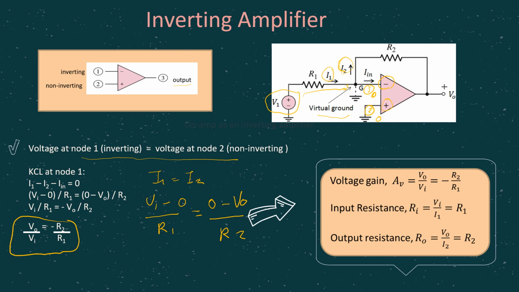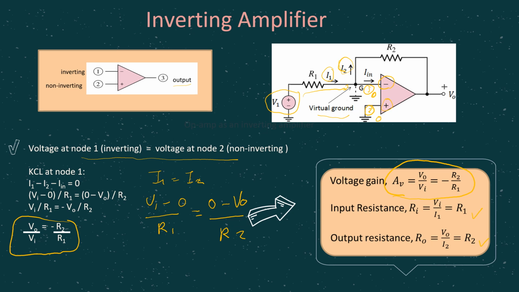Then in this inverting op-amp circuit, we can say that the voltage gain, V0 over Vi or V1, equals negative R2 over R1. The input resistance in this case is given by R1, and the output resistance is given by R2.